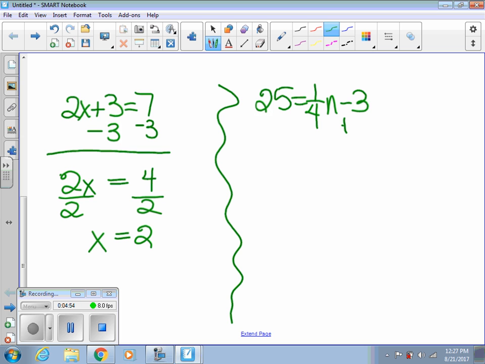So we're going to add 3 to both sides. And then I've still got to solve for n. So Junior, what do I have to get rid of to get n by itself? The 1 over 4. Junior, how do I get rid of a fraction? By the reciprocal. Okay, so we're going to multiply by the reciprocal, both sides.